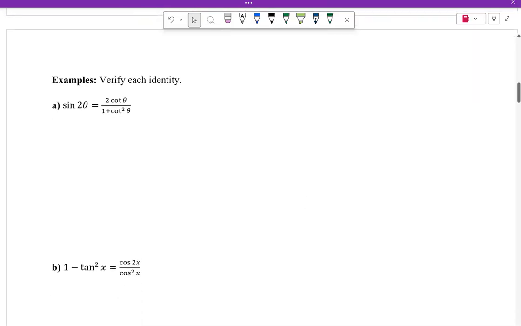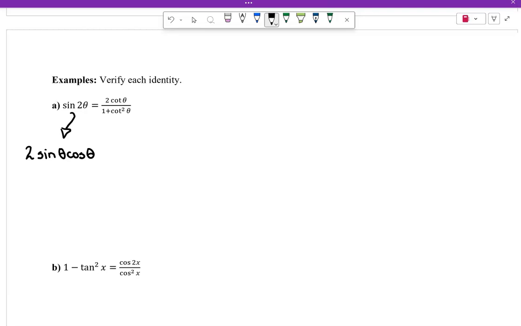So let's see what we have here. We probably want to work with the 2 cotan of theta over 1 plus cotan squared of theta. Now, one thing I want to make a quick note of is what is sine of 2 theta. Remember, that is 2 sine theta cosine of theta.